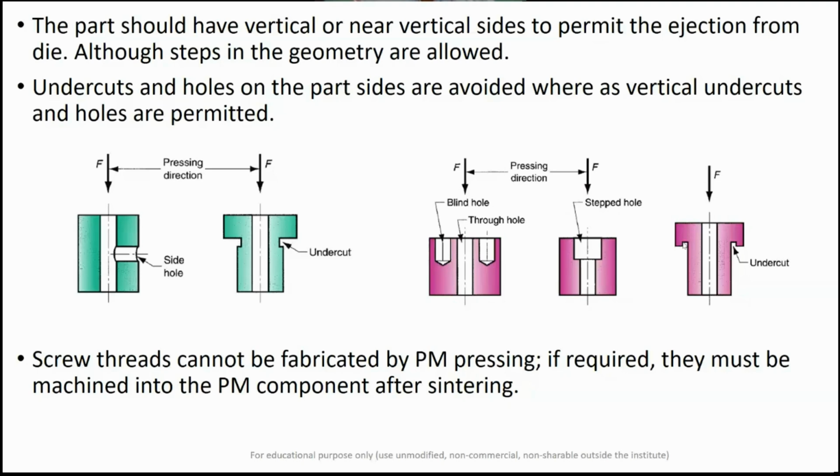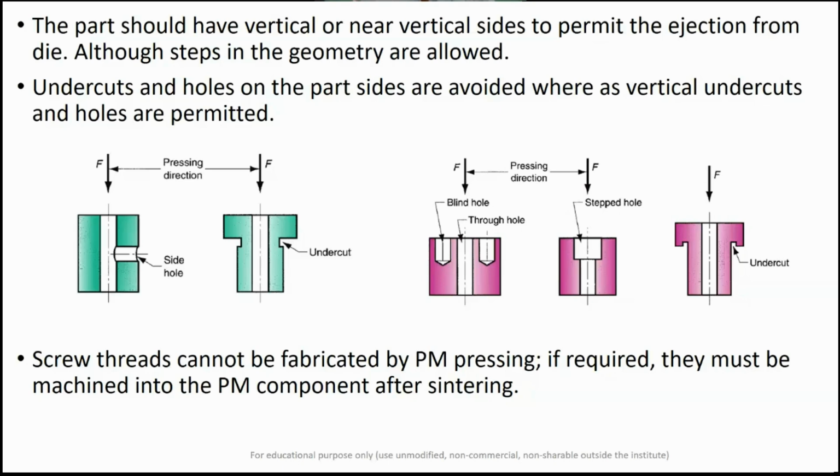However, vertical holes, either through holes, blind holes or stepped holes, are permitted, and you can easily fabricate your part and die without any problem in the ejection, and you will have a safe part ejection.